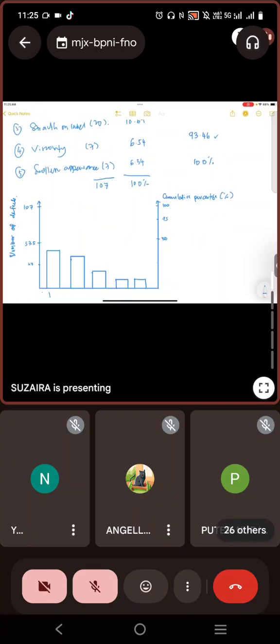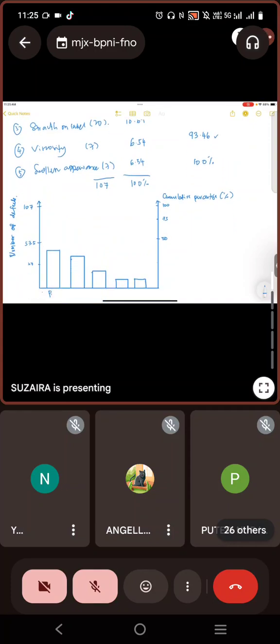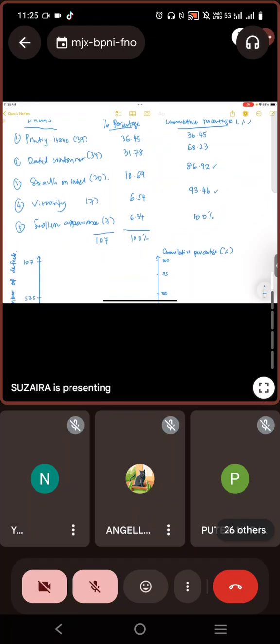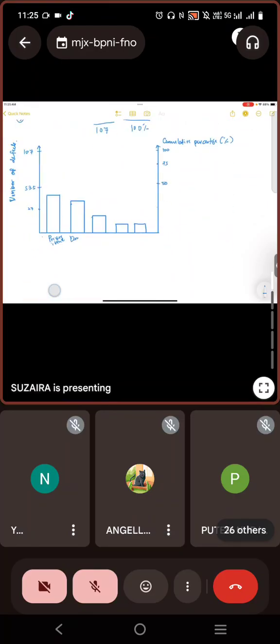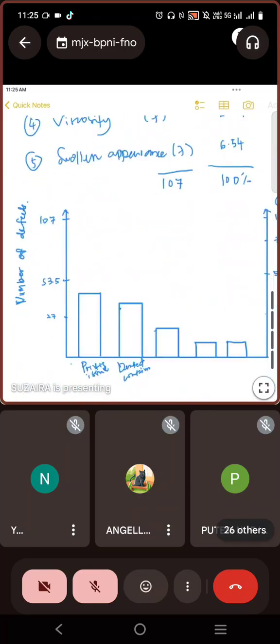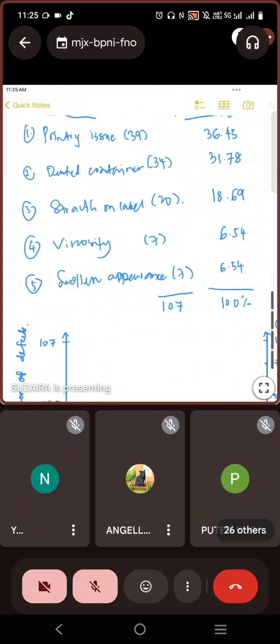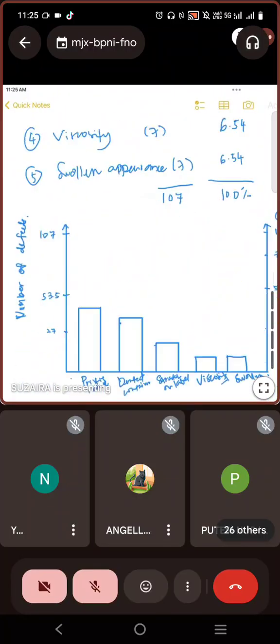So label them. This one, just write down in the full sentence. Full printing issue. And this one is dented container. Yeah, container. And then scratch on label, viscosity, and also swollen appearance. Okay. So when we have this one is actually 36.45.